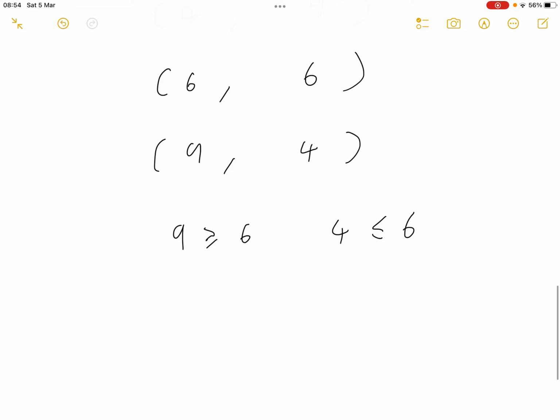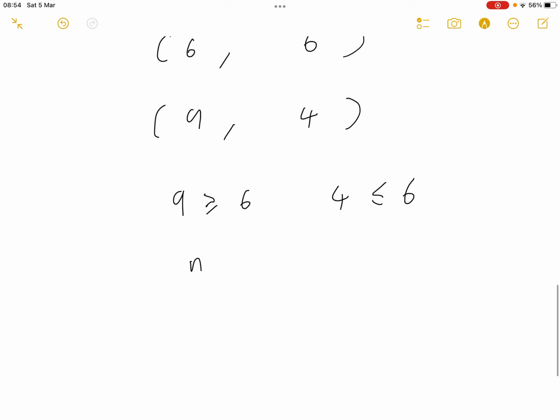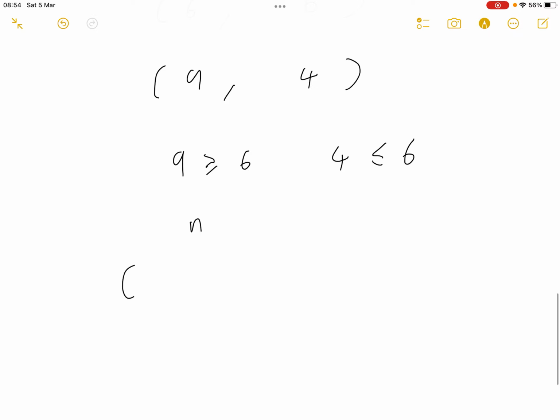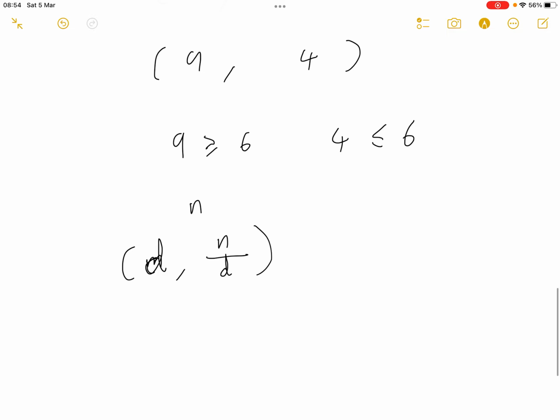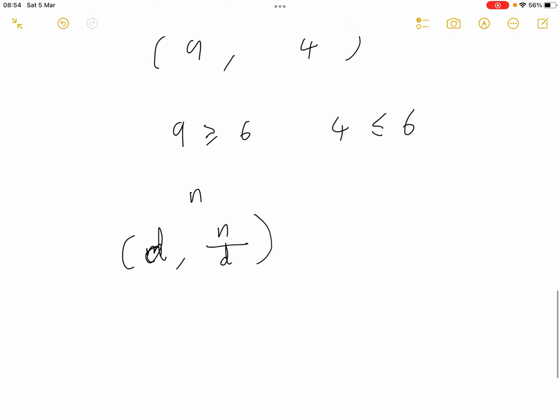And in general, if we have a number n, we can write two numbers. So let's say d, for a number that divides n, and n over d, two numbers that multiply together. You can clearly see that if you multiply these two, the d's will cancel and you get n.